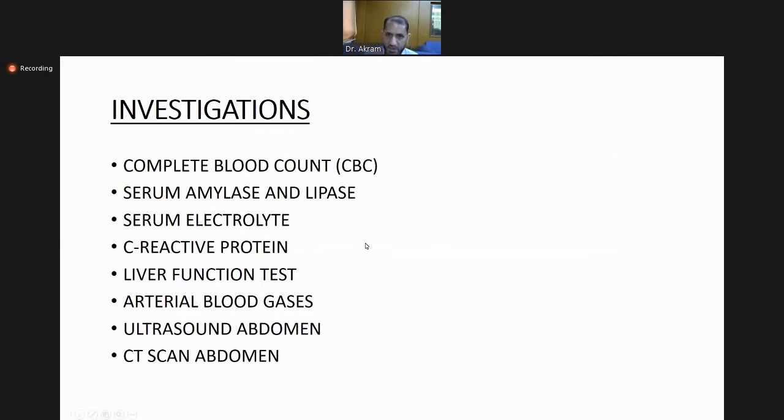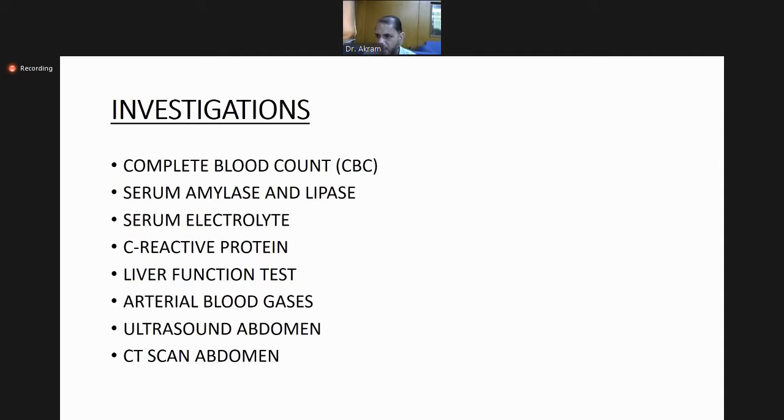What is the diagnostic investigation of acute pancreatitis? Serum amylase, serum lipase, ultrasound abdomen, blood CP, RBS. What is the correct answer? The correct answer is serum amylase.